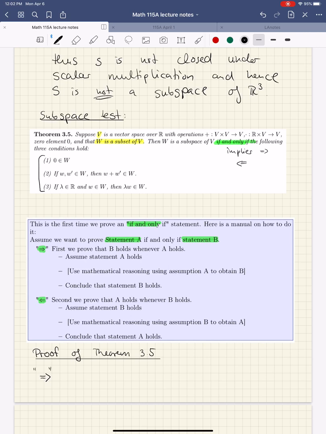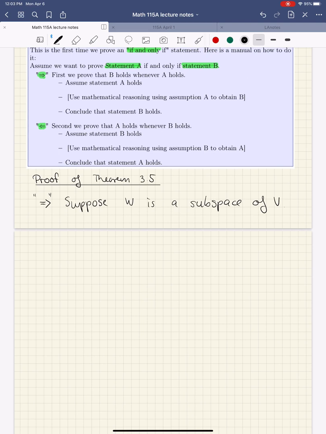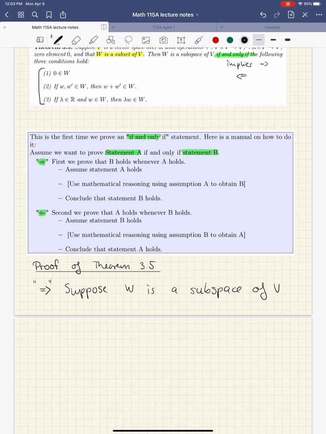Well, suppose W is a subspace of V. And now we want to show that 1, 2, 3 holds. Okay. Let's go back. We want to show the 0 is inside and it's closed under addition and scalar multiplication.